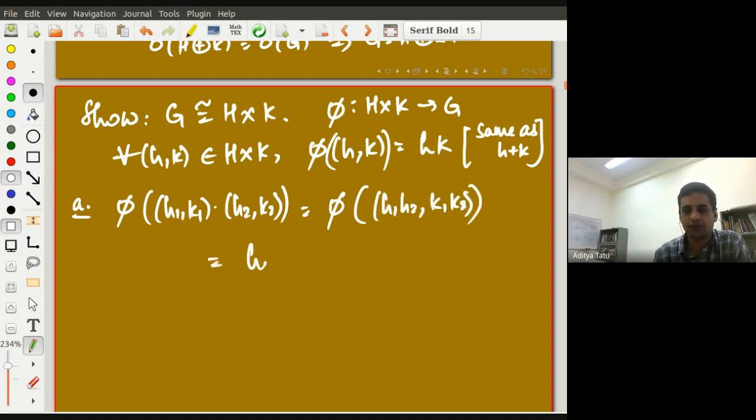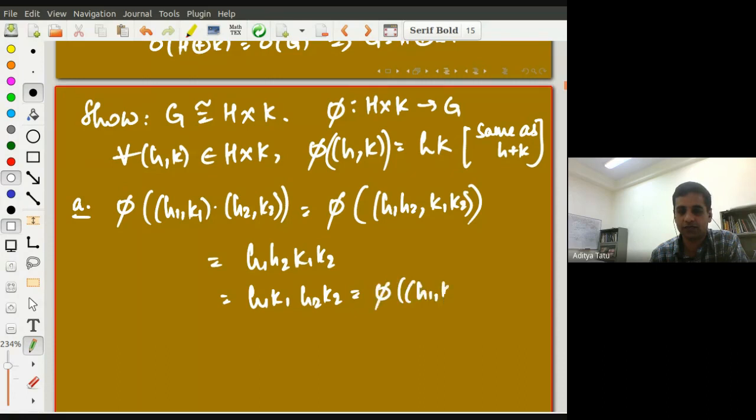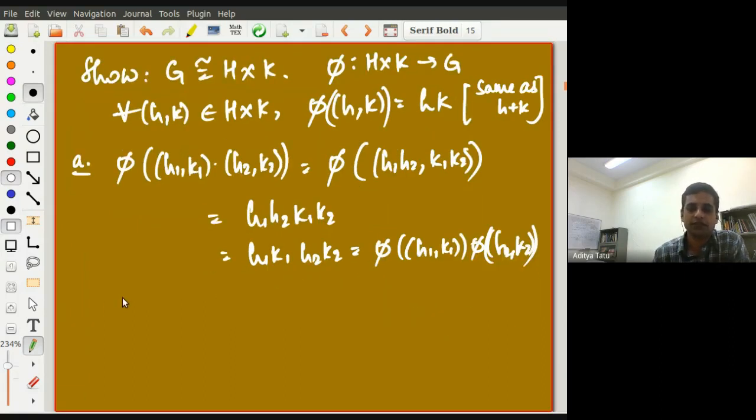Since the groups are abelian, this would be equal to H1 K1 H2 K2, which is nothing but phi of (H1, K1) times phi of (H2, K2). Okay, so phi is a homomorphism.